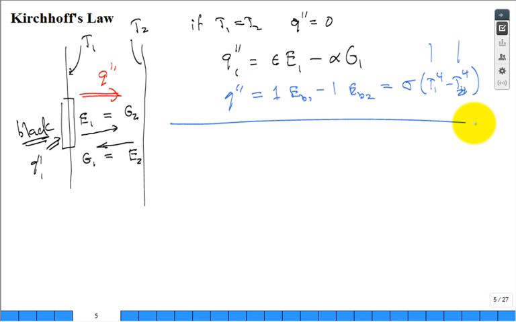All right. Now let's step it up a notch. Let's say that surface 1 is not black, but surface 2 remains black. So surface 2 is a perfect absorber, perfect emitter. Surface 1 has emissivity. So let's say, well, what's my heat flux for surface 1?